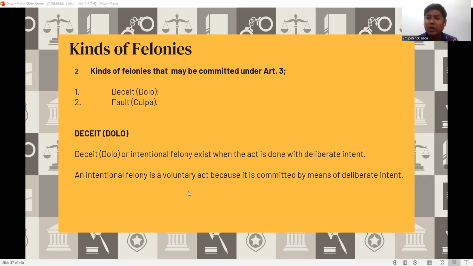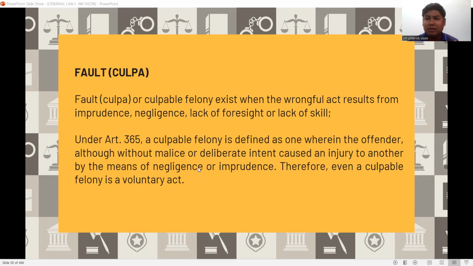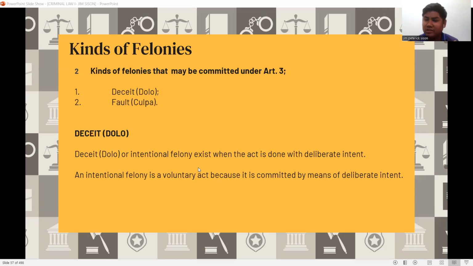Because it is committed by means of deliberate intent. Like if you killed a person, you killed him. There's deliberate intent because you shot that person voluntarily. Nobody forced you to shoot that person.